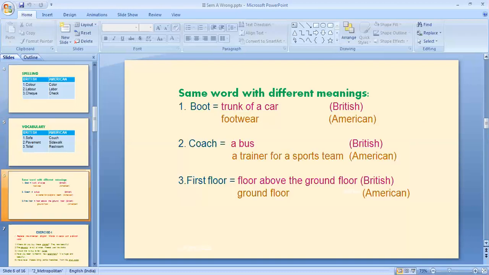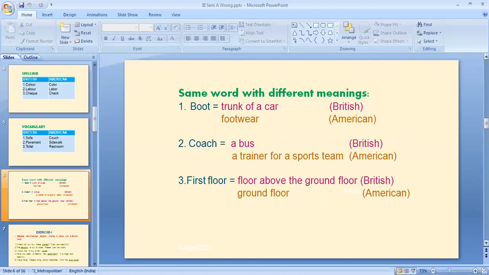And interestingly, some words are used in both British English and American English, but with different meanings. For example, take the word boot. This word is used by both the Britishers and Americans, but the Britishers' meaning for the word boot is the trunk of a car. Americans use the word boot for footwear, like shoe. And the word coach is used by the Britishers to indicate a bus.